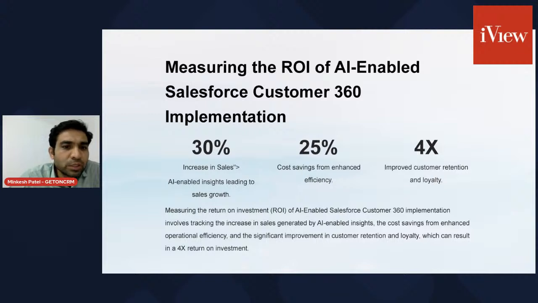So that reduces the engagement time with the customer.